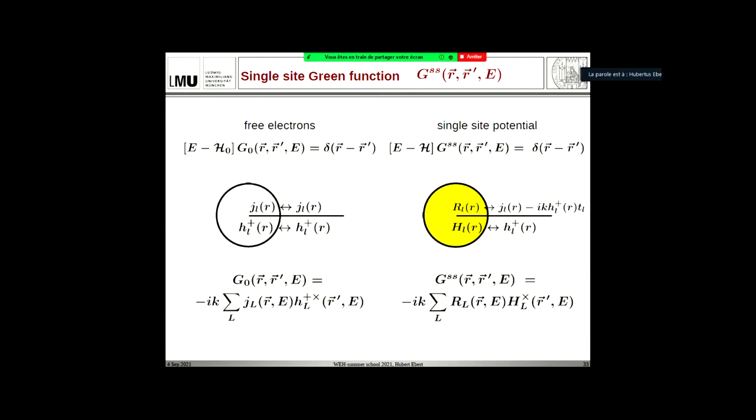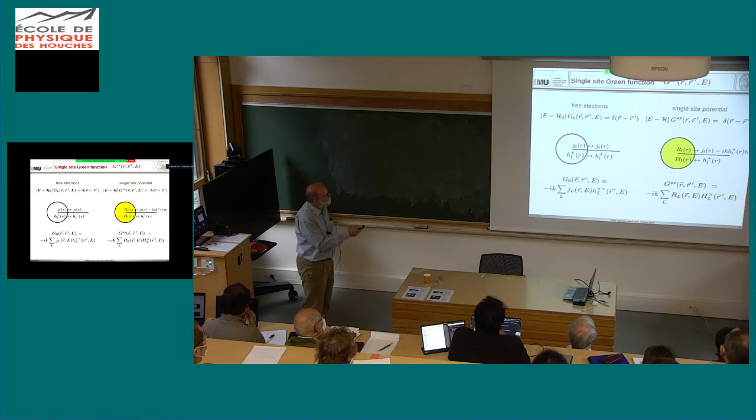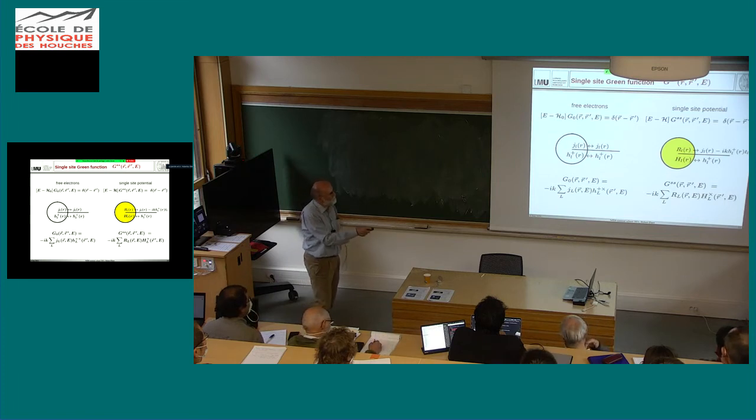Now, with this information, we can set up the Green's function. We look for an isolated target from the free electron situation. We know already this defining equation, and we have the angular momentum representation. And we can get a corresponding angular momentum representation by making use of the properties we have already collected, and of course the corresponding defining equation for the single-site Green's function.